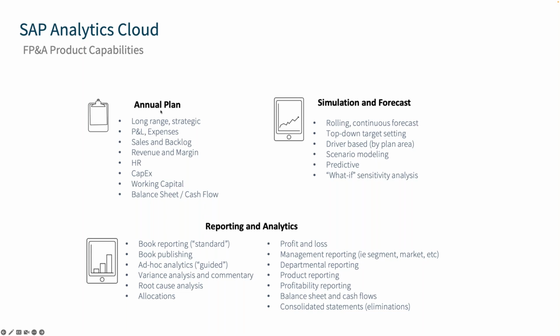So all of these contents that are managed here, we can do simulations and forecast. And then reporting, we can do standard book reporting for finance. You can do management reporting, even consolidated statements where we can manage basic eliminations within SAC. So it's really a fully built planning and reporting solution, but obviously it's focused on these subjects.